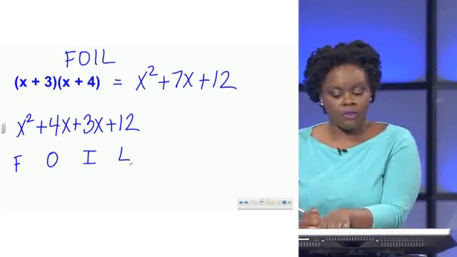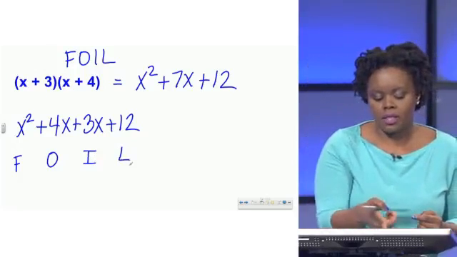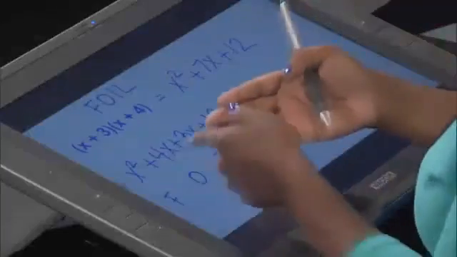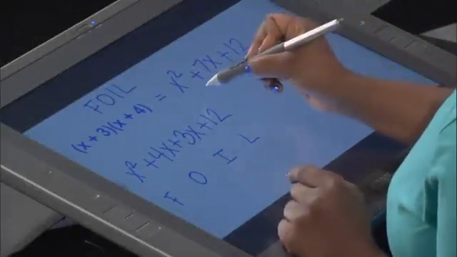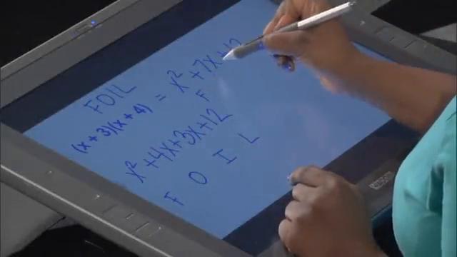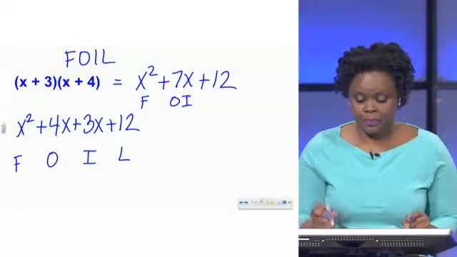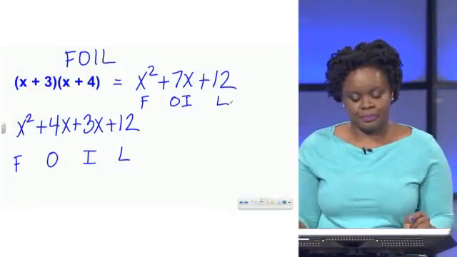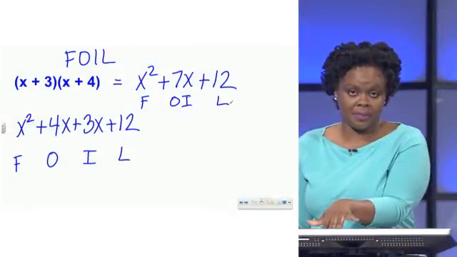Then when we wrote our final answer, we had to combine the answers from multiplying the outer and the inner terms. So the first term was still the first term, the second term was from combining the outer with the inner, and 12 was our last term. So this was our work, and this was our final answer.